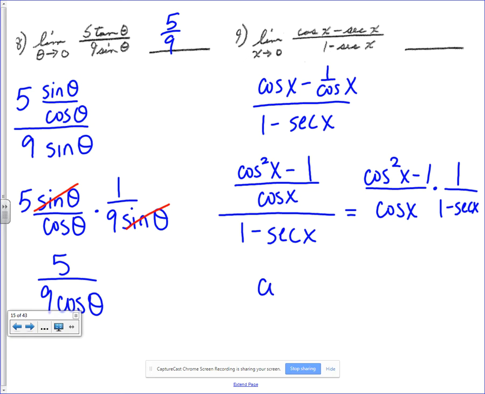And now it looks like that. Well, I think I should be able to make some substitutions here. The question is, what are they?